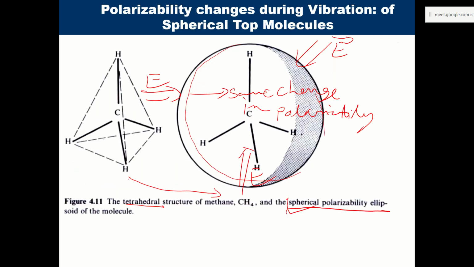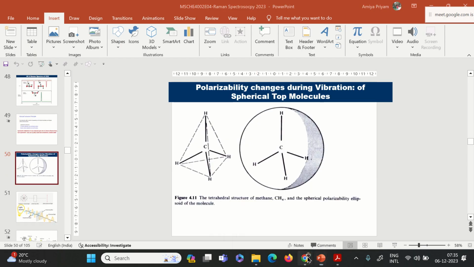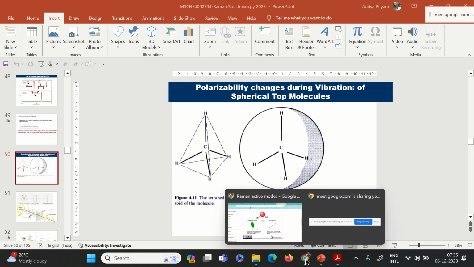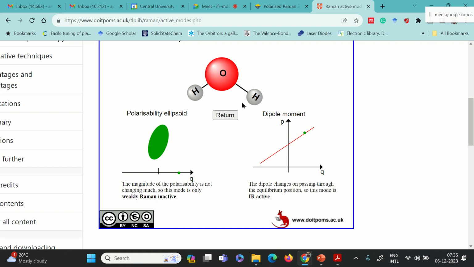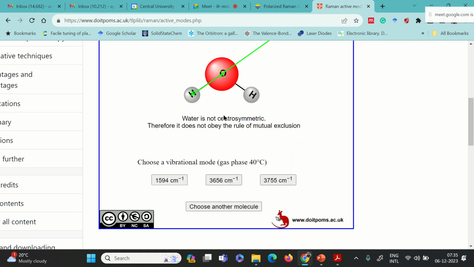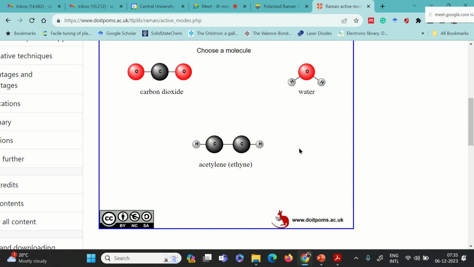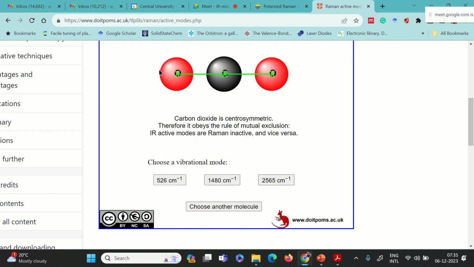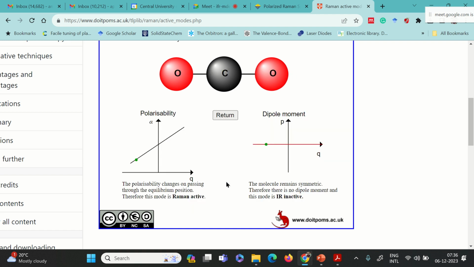Just to further visualize what is happening here, in the case of CO2 and the other molecules, we can return to this, choose another molecule, and so this was carbon dioxide. We were talking about the symmetric stretching mode.